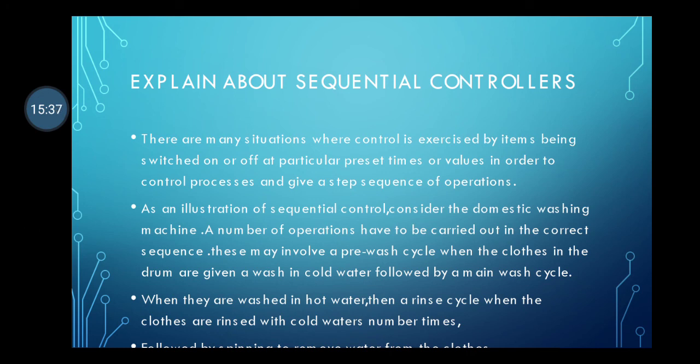These may involve a pre-wash cycle when the clothes in the drum are given a wash in cold water, followed by a main wash cycle when they are washed in hot water, then a rinse cycle when the clothes are rinsed with cold water a number of times.